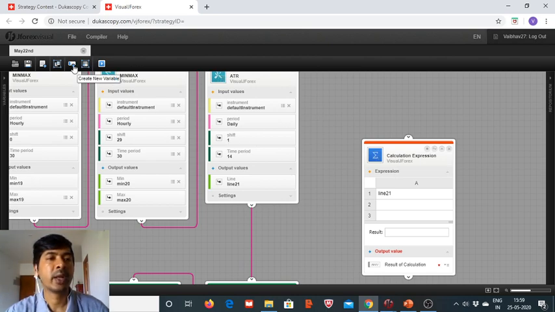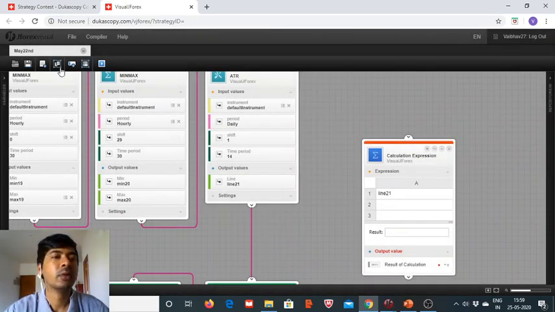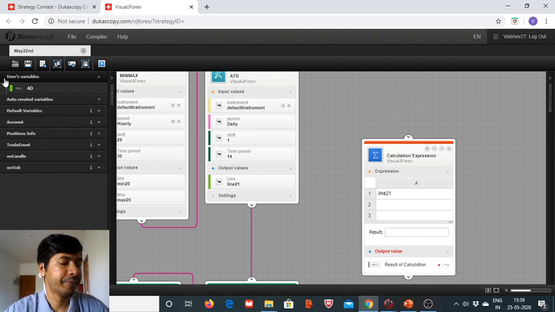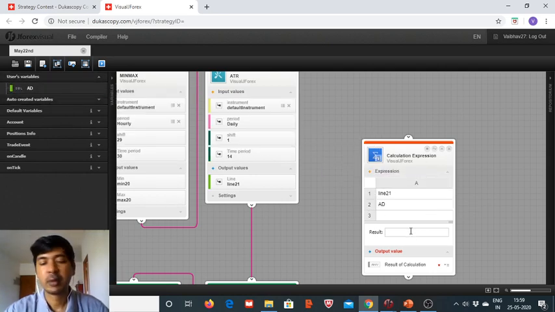Then we create a new variable here, and it will be named as pips difference, and you can even make it like ATR difference AD, and it should be 0.1. We make A1 into A2.